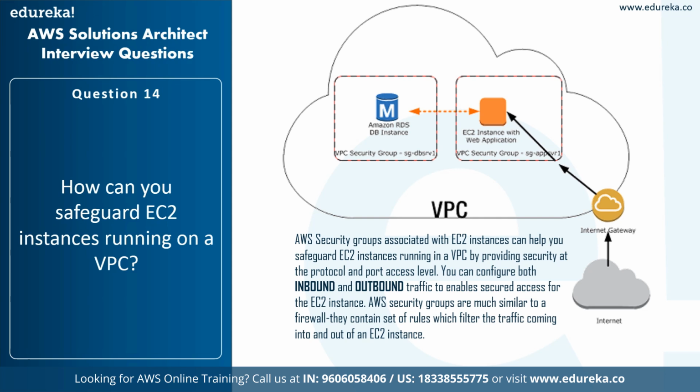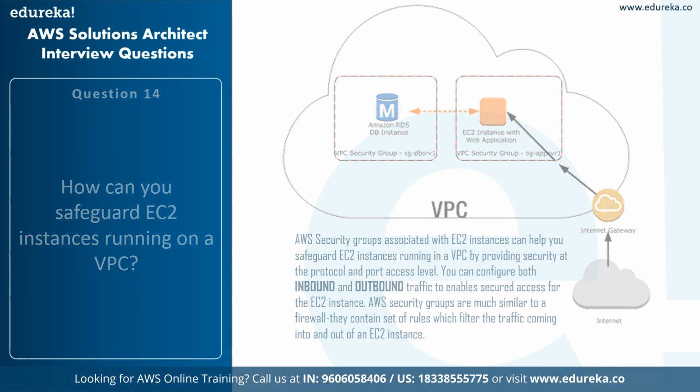AWS security groups are much similar to a firewall. They contain a set of rules which filter the traffic coming into and out of an EC2 instance and deny any kind of unauthorized access to EC2 instances. So this is exactly how you can safeguard all your EC2 instances running in a VPC.